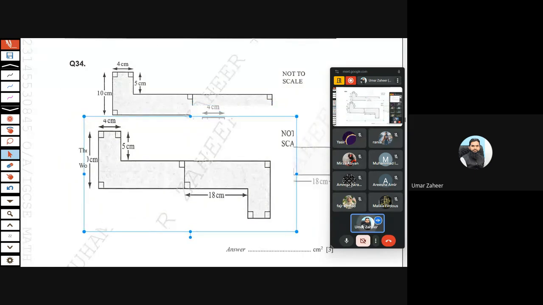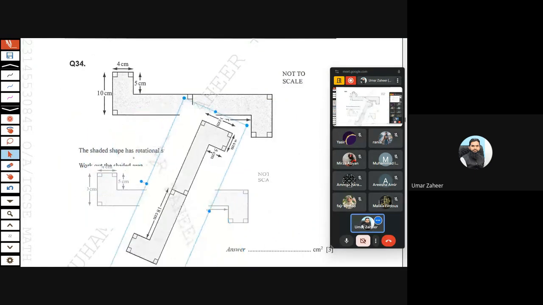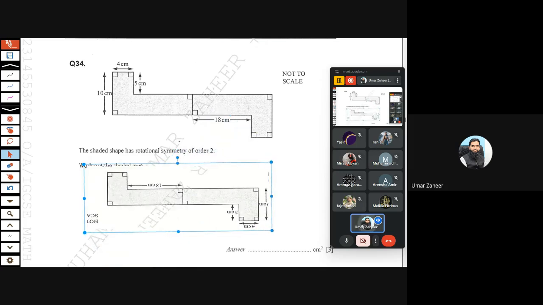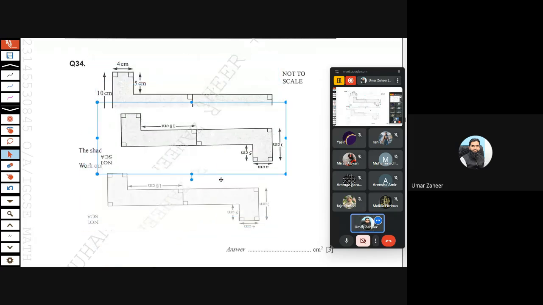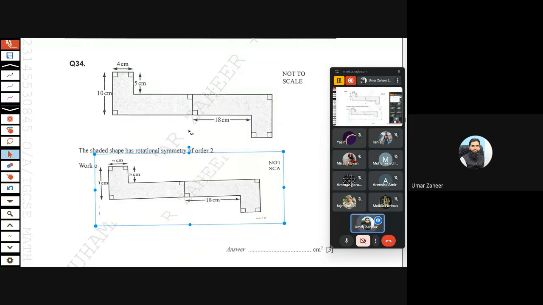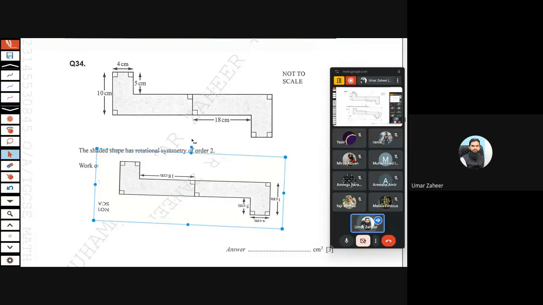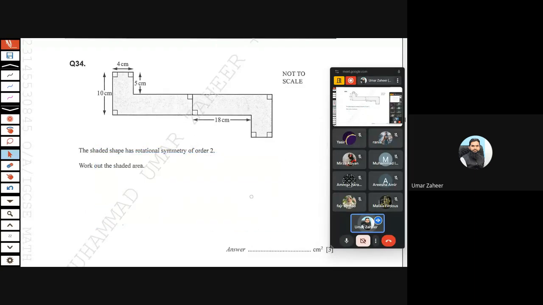Rotational symmetry is, for example, if I rotate it after 180 degrees, look here, it is going to be exactly at the same position. So if you rotate a body up to 360 degrees, how many times is it going to match the original shape? That is known as rotational symmetry. He says that it is rotational symmetry of order 2, because after 180 degrees it is going to be exactly the same.